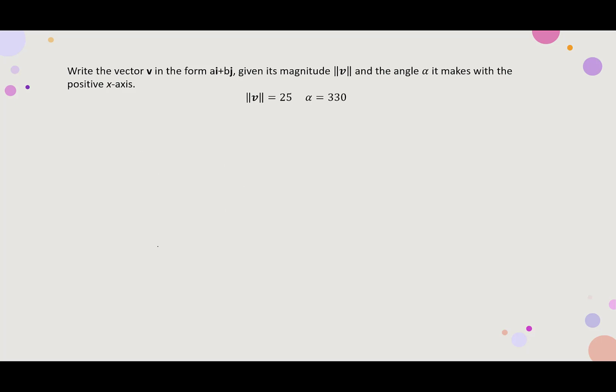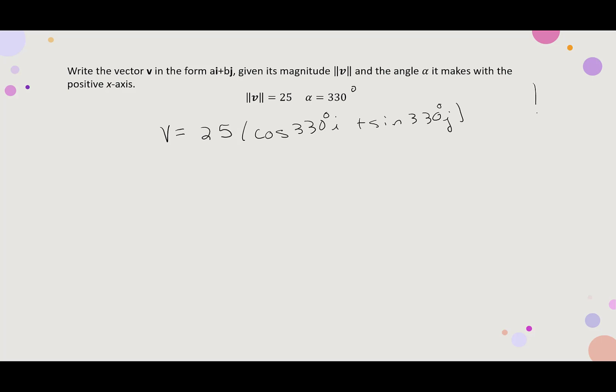Let's do a second one. Same kind of thing, we are going to write the vector in the form ai plus bj. This time we're given a magnitude of 25 and an angle of 330 degrees. So we can write v is equal to 25 times parentheses cosine of 330 i plus sine of 330 j.